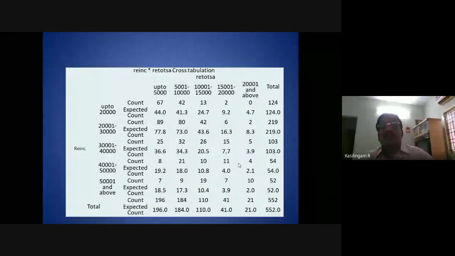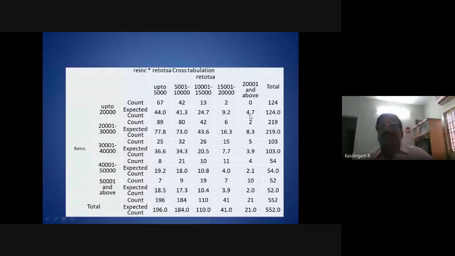Here 4.7, here 3.92, here 2.13, here 4. Which means in this column, 4 cells have expected count less than 5. Let us look at this one. Here more than 5, more than 5, more than 5. But here 4 less than 5. Here 3.9 less than 5. So here 2, here 4. Which means totally 6 cells have less than 5.